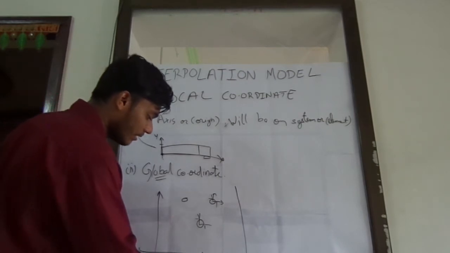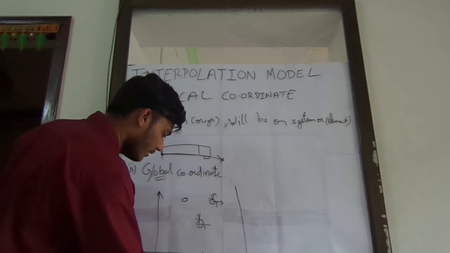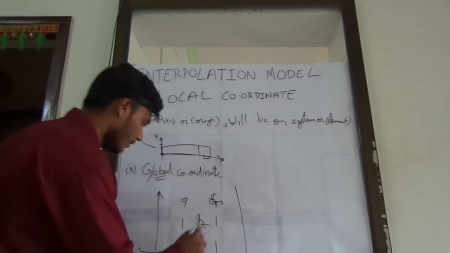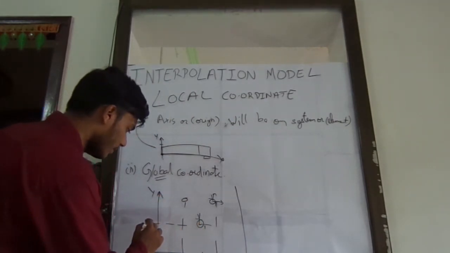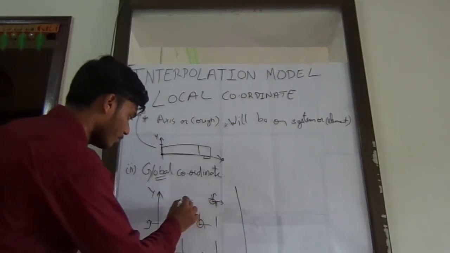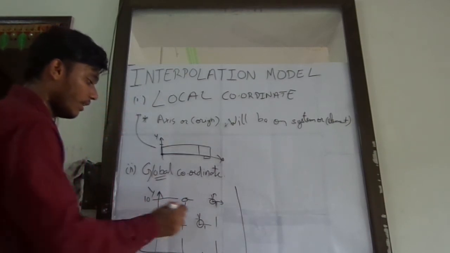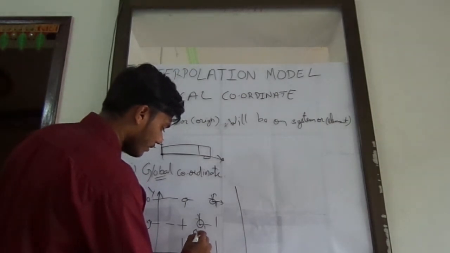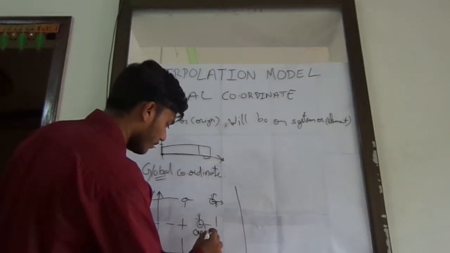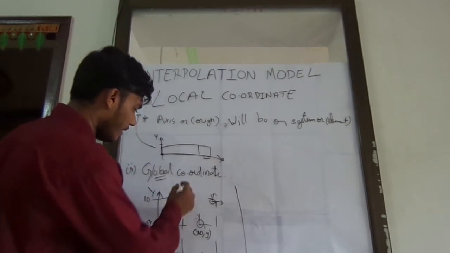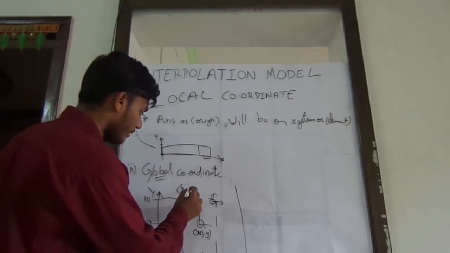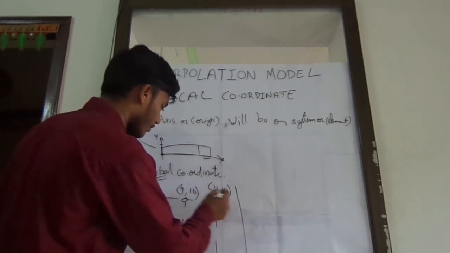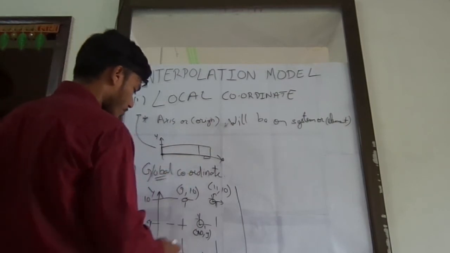Let's say this x is 10, this is 9, this is 11, this is your y, this is your 9, and these both are at 10. Can you tell me the position of this? X is 10 and y is 9. Position of this, x is 9, so you write 9 first, y is 10. Here x is 11 and y is 10. So these are the global coordinates, because the axis is away.